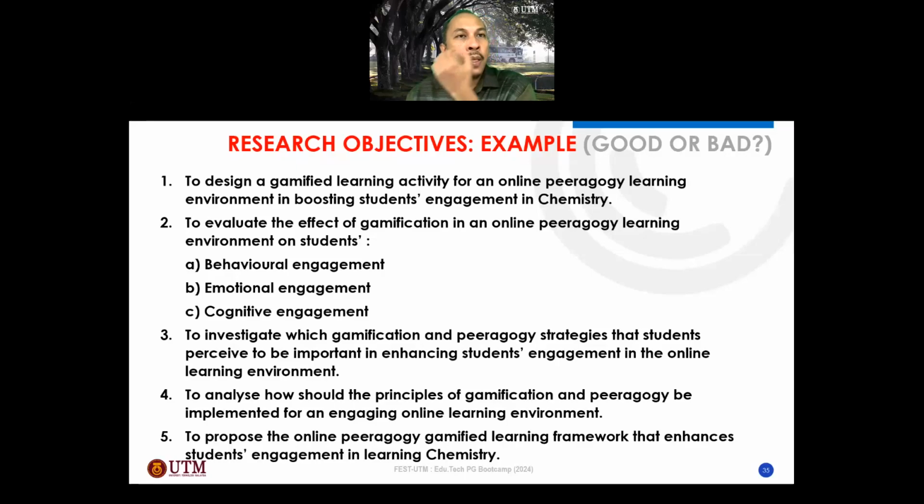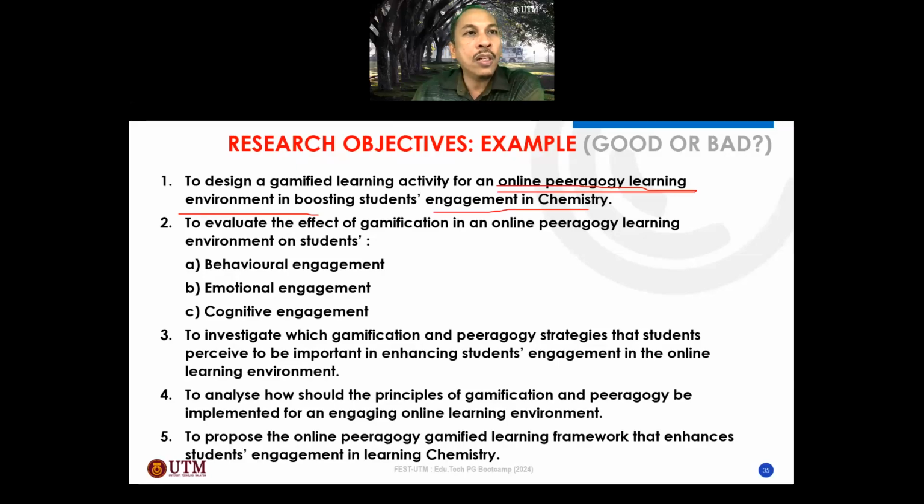And as you can see, this is experimental research. The student designed a gamified learning activity for an online pedagogy learning environment. You see, online pedagogy learning environment. What is pedagogy? Pedagogy is peer learning with technology. So meaning students teach students, students learn with their friends. And the focus is engagement in chemistry.